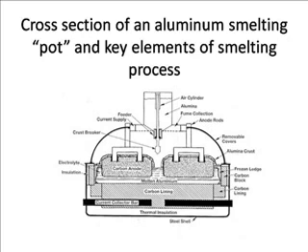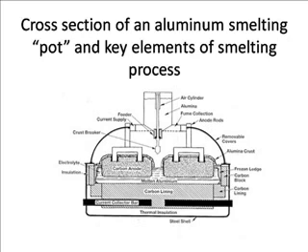The basis for all of the modern primary aluminum smelting plants is a process called the Hall-Héroult process, which was invented in 1886. This process involves dissolving the alumina in an electrolytic bath of molten cryolite, or sodium aluminum fluoride.